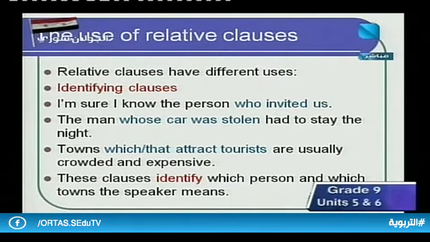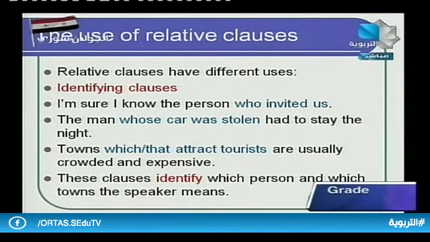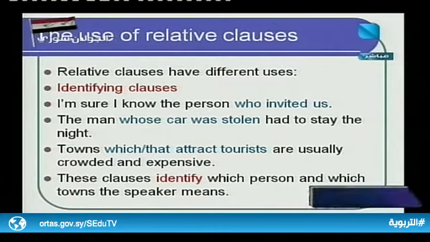To say that towns are usually crowded and expensive in general is wrong. Not all towns are so. I need to talk about something specific, and identify or define which towns I'm talking about, towns that attract tourists. So I need to use a relative clause, as you said.